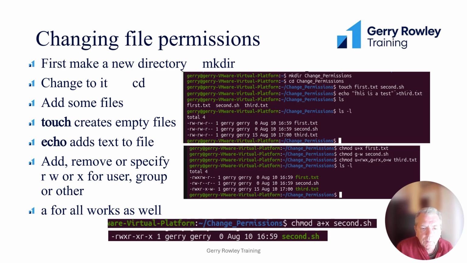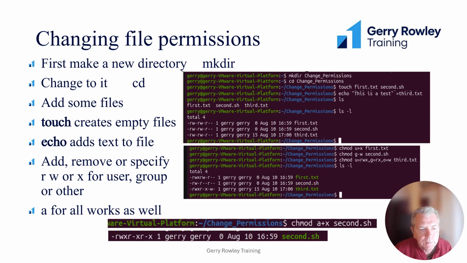On the next line, I'm using g-w. That will remove the write permission from the group on second.sh. Then in the next line, I'm using u=rwx, g=rx, o=w. And that's just showing you can use the equal sign to set all of the permissions for all of the groups in one line.